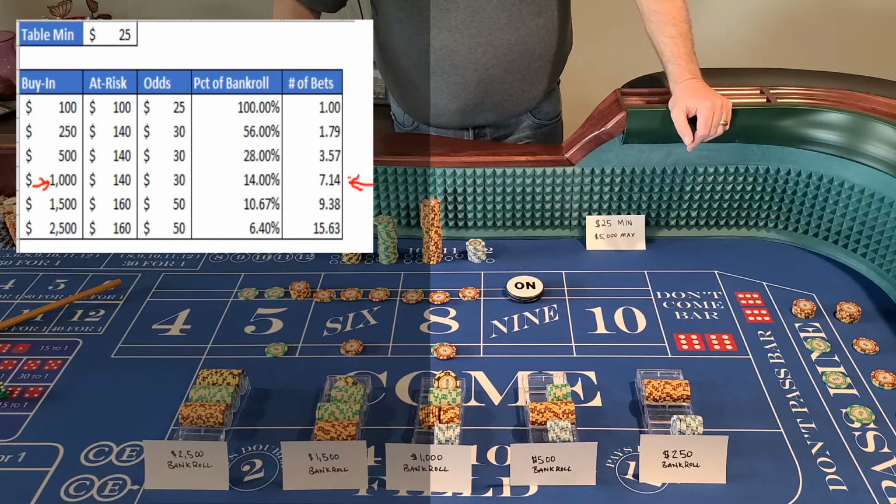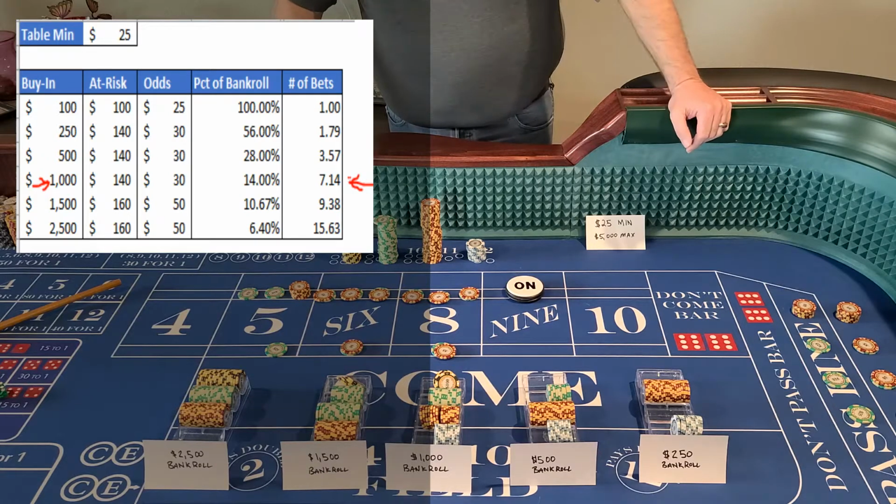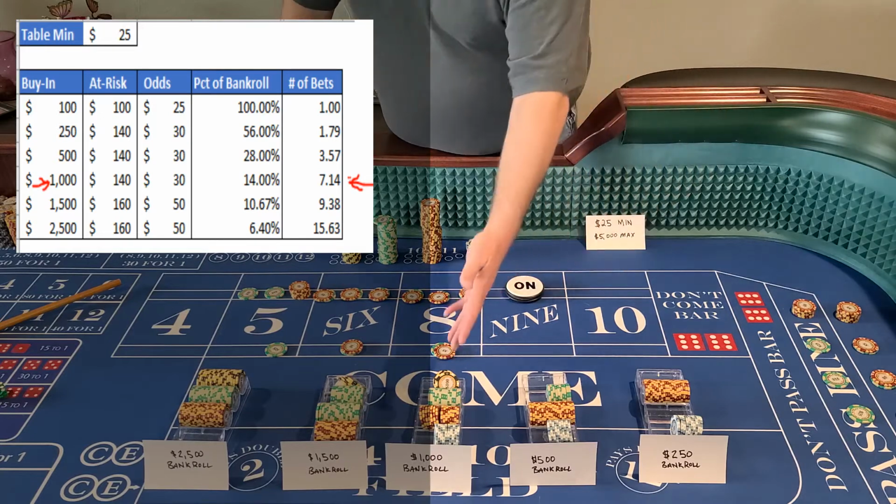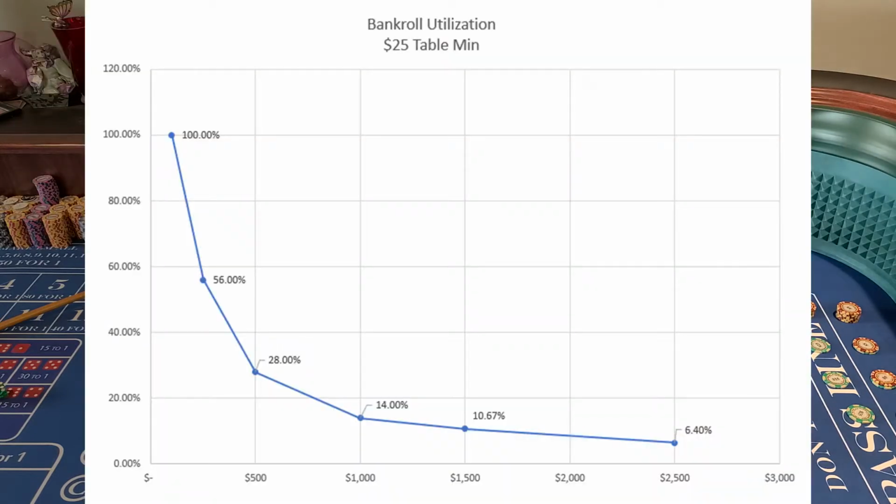And the $1,000 bankroll, that means $140 is 14% of your bankroll. So again, you're going to get about 8 plays.